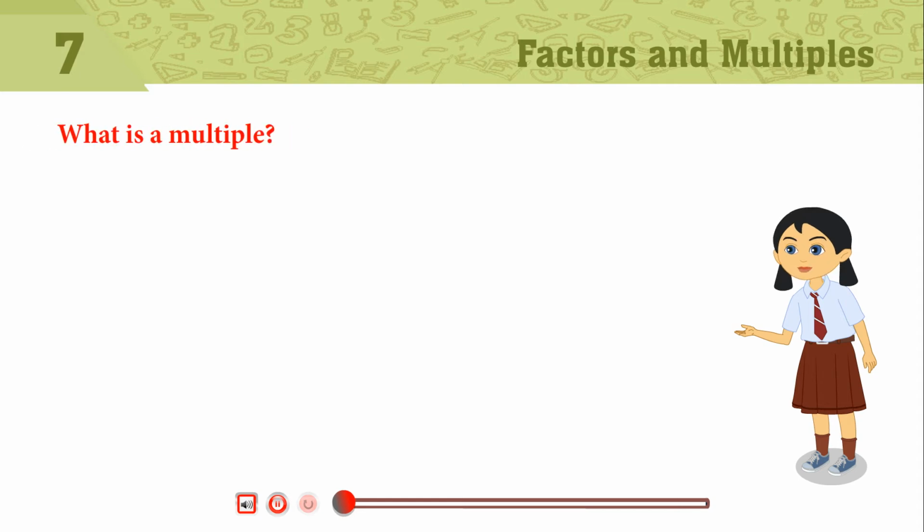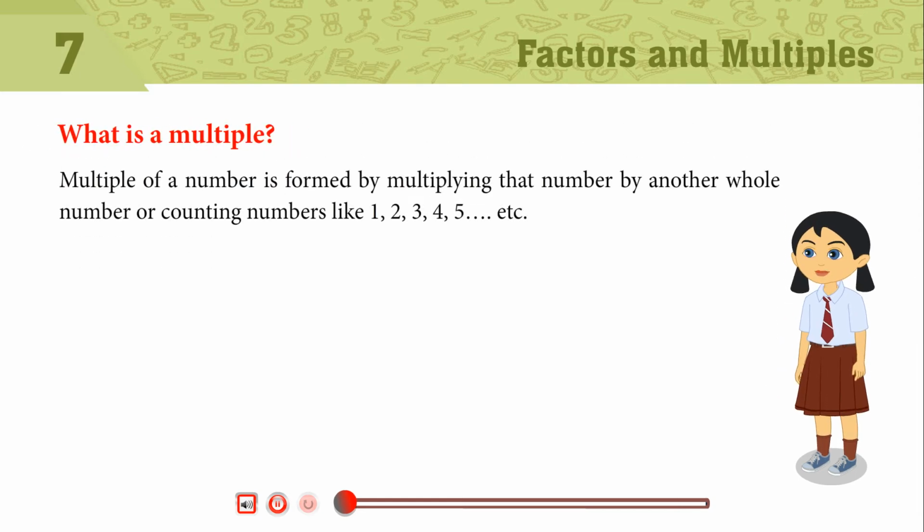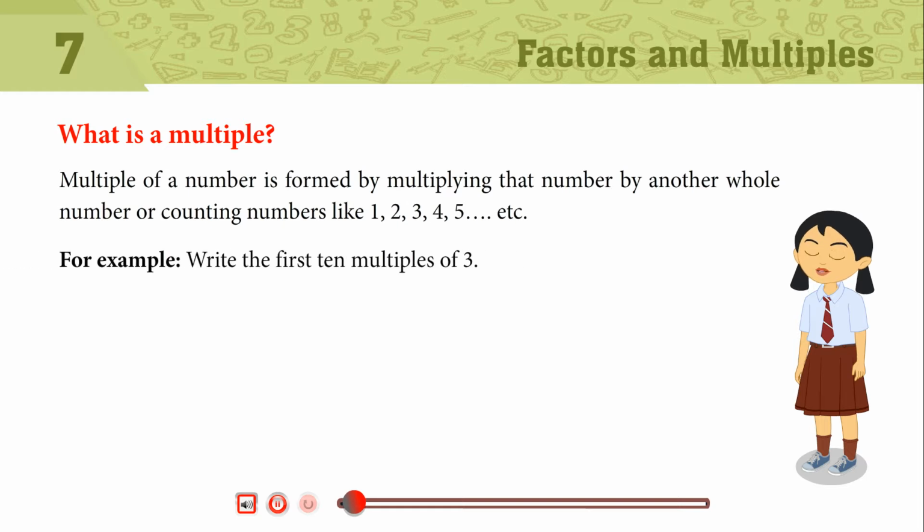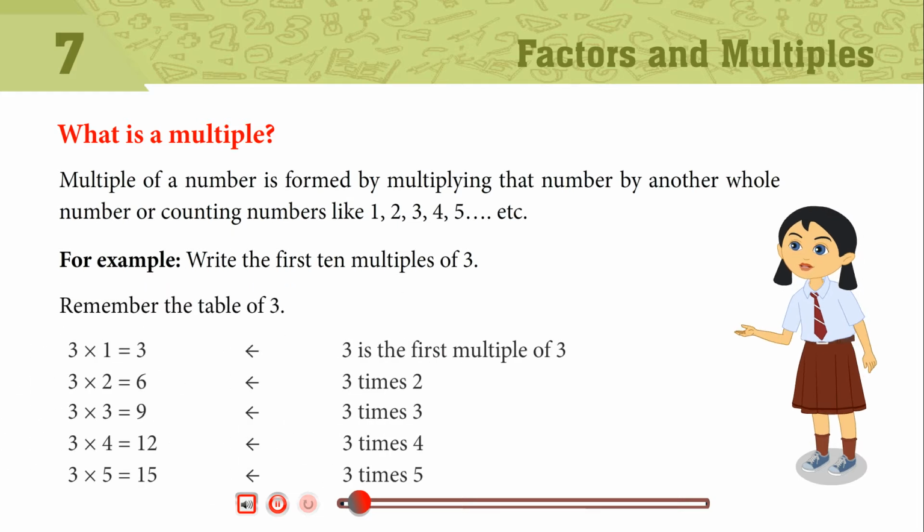What is a multiple? A multiple of a number is formed by multiplying that number by another whole number or counting numbers like 1, 2, 3, 4, 5, etc. For example, write the first 10 multiples of 3. Remember the table of 3?